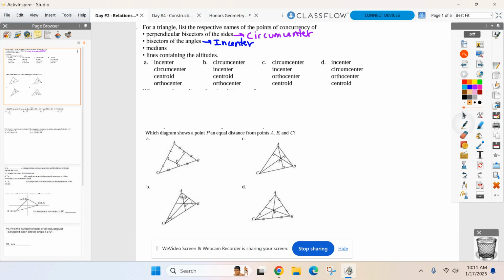The medians all intersect at a point called the centroid. Bless you. And there's one left here. The altitudes intersect at the orthocenter. Okay, so if I go in order here, it looks like I'm going to pick choice B.